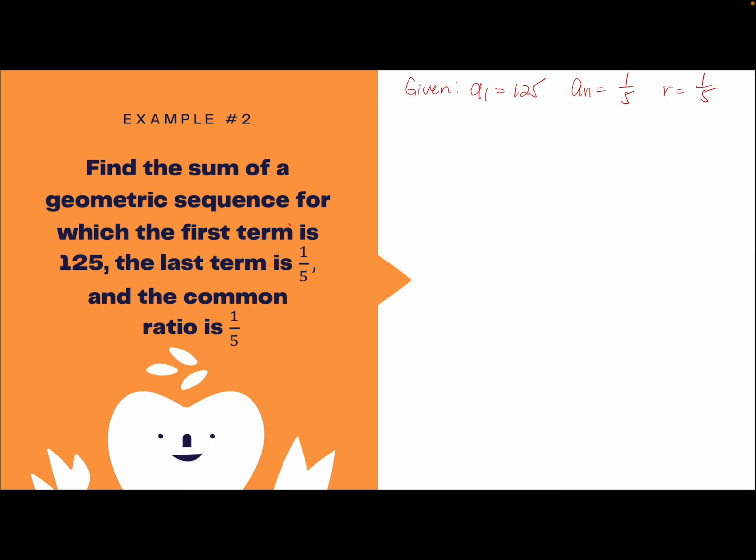Let us solve this given problem. S sub n is equal to 125 minus 1/5 times 1/5 all over 1 minus 1/5.